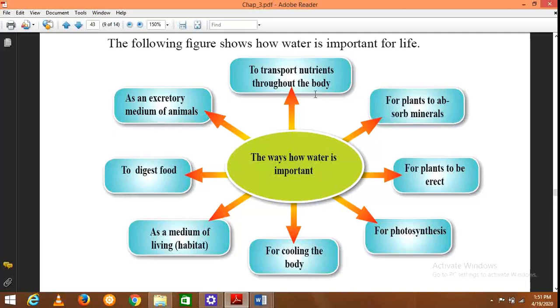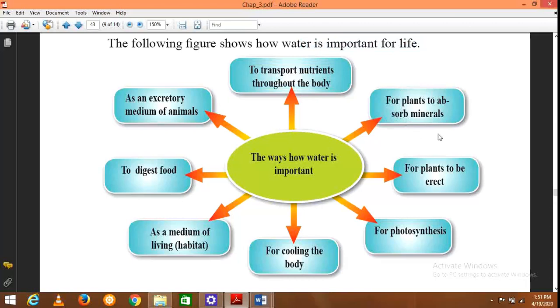The majority of blood is also water. So in this liquid medium, the nutrients are dissolved and transported throughout the body. In the plant body, again the nutrients are transported throughout the plant as a liquid. Later you will learn that food is translocated through the plant as a solution of sucrose. There again water becomes a medium for the transportation of nutrients.